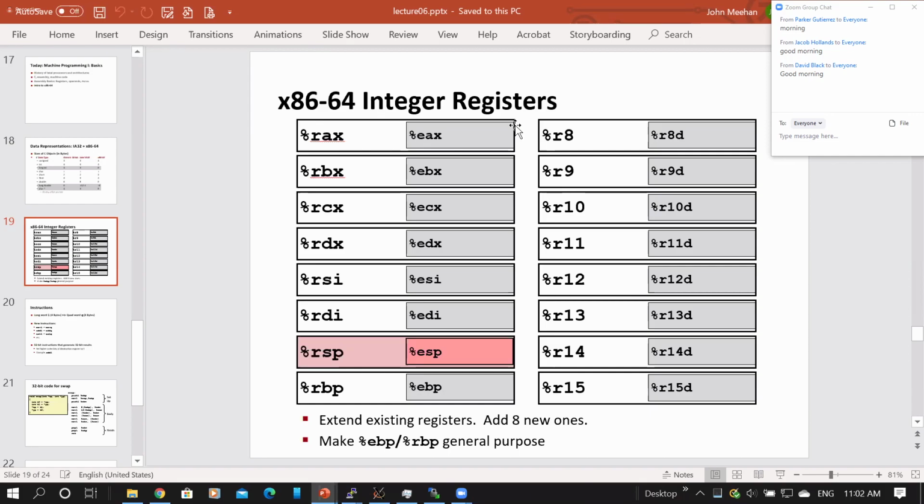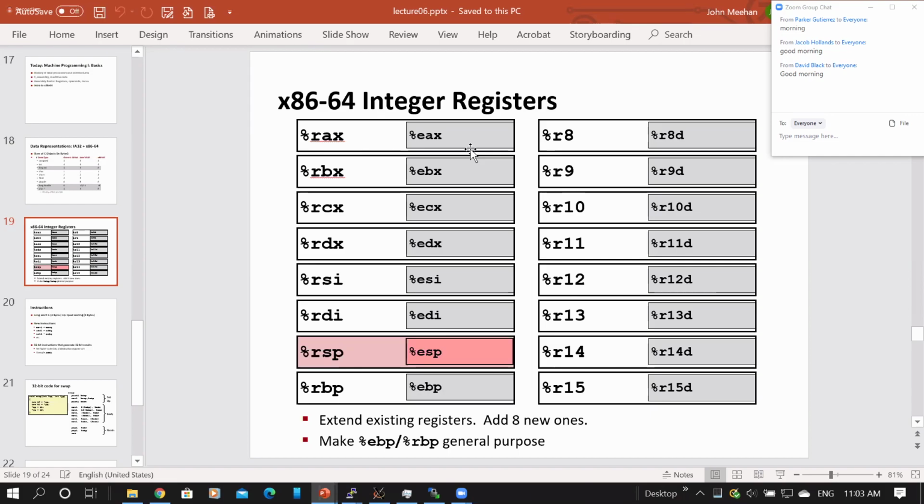Now, the nice thing is that all of your 32-bit instructions still operate on these 32-bit registers, the right sides of the 64-bit registers, and behave completely identical to if they were running on a 32-bit machine, which is what you want.